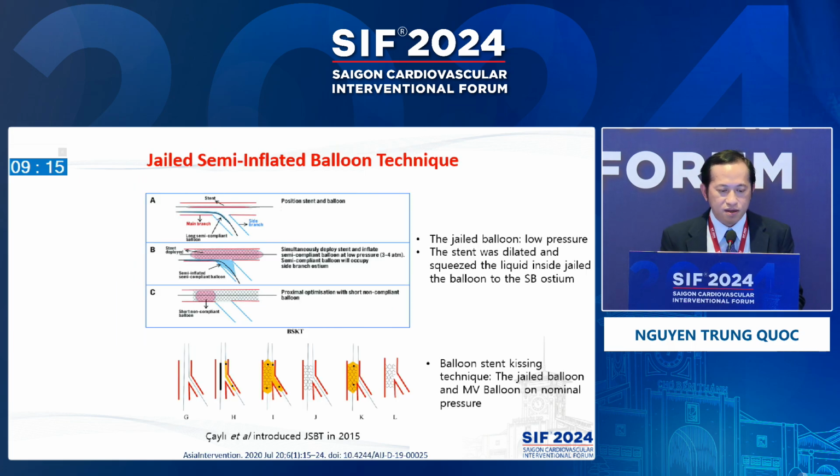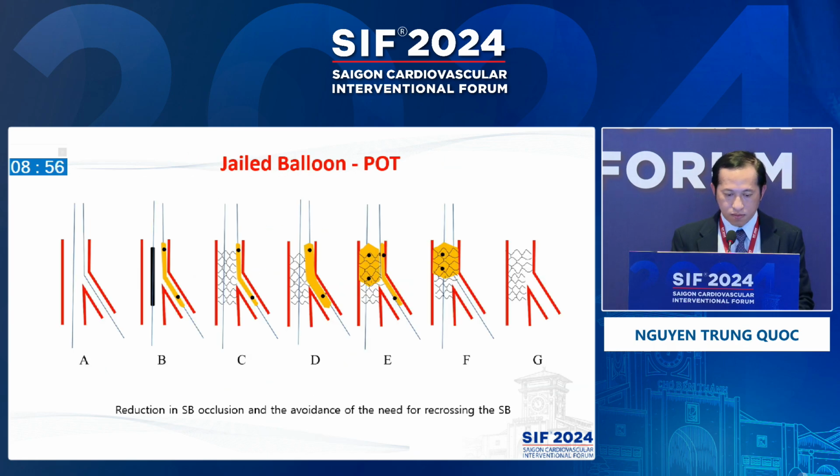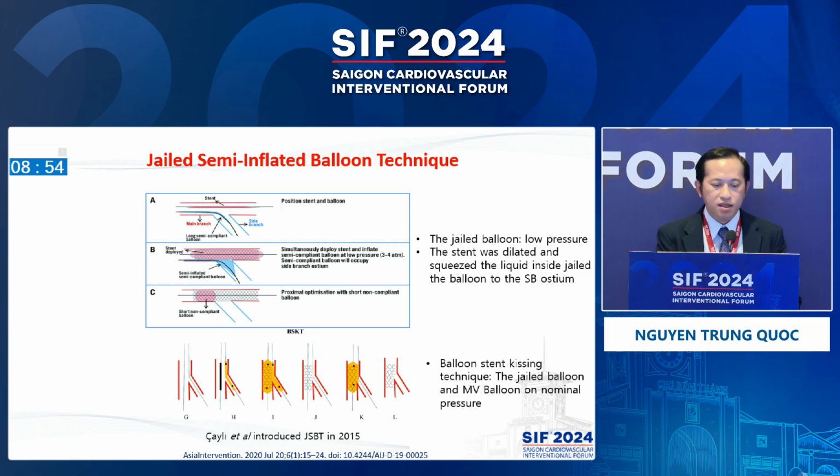This is the jailed semi-inflated balloon technique, where we use the balloon in the side branch and dilate it inside the stent, in the side branch at a low pressure of about 3 to 4 atm.